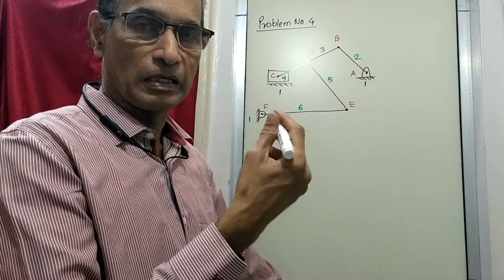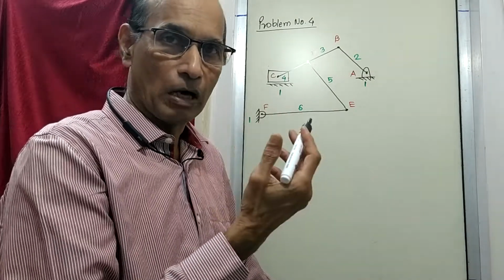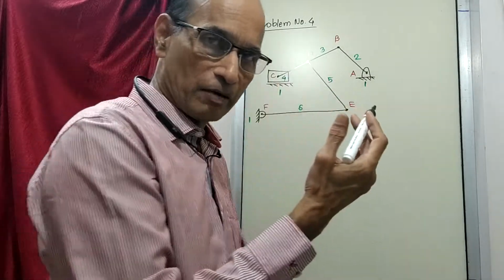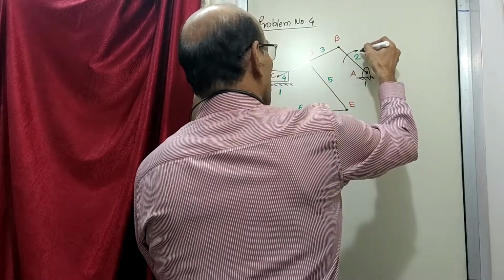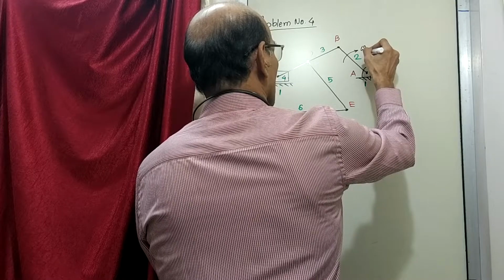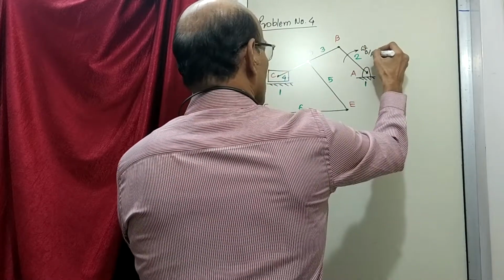So various angular velocities you have already found out. So we'll take up the second part where the accelerations are required to be found out. So what we do is, I'll just write what is to be asked.